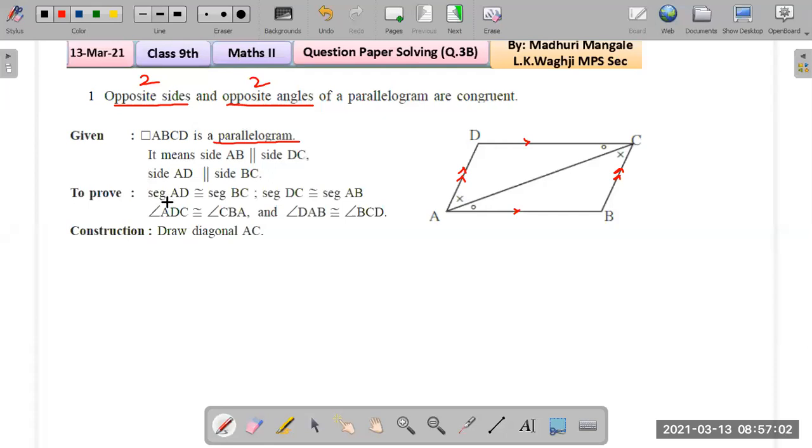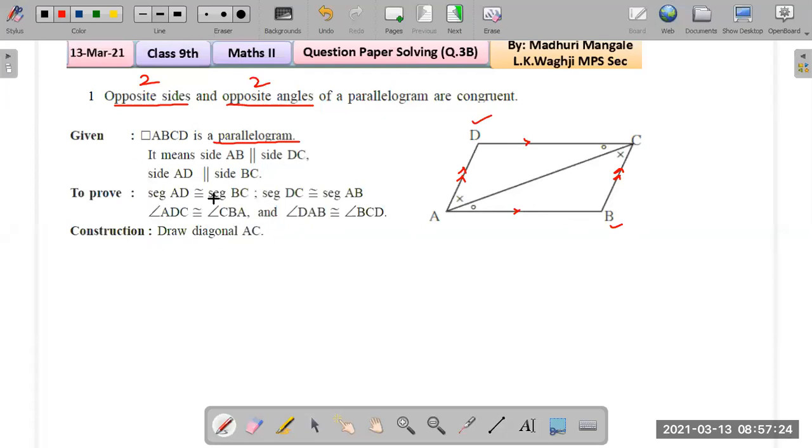So just check: segment AD is congruent to BC and segment DC is congruent to segment AB. This is something we have to prove. And the opposite angles, that is angle D is opposite to angle B, so these two angles are equal, and the second pair also we have to prove. So this is what we are supposed to prove.